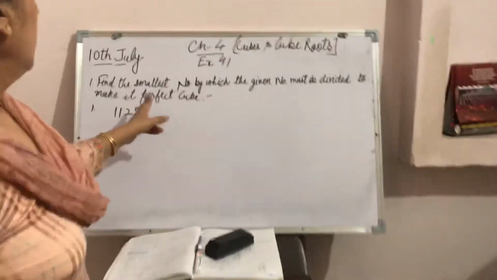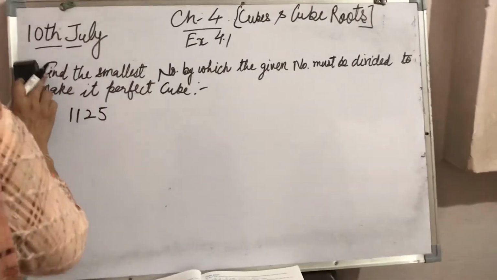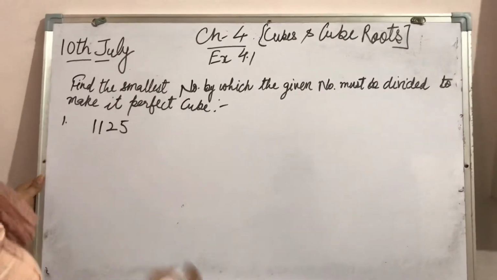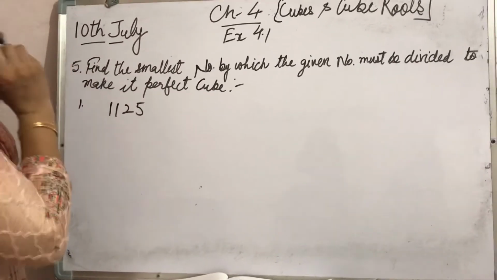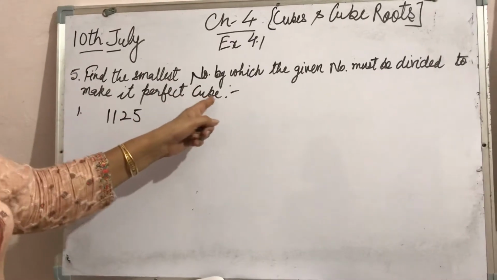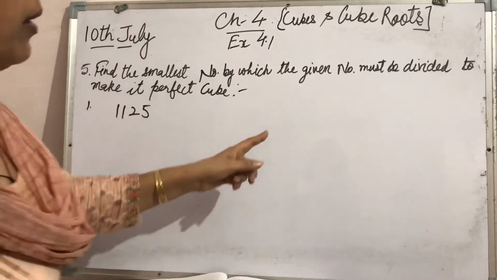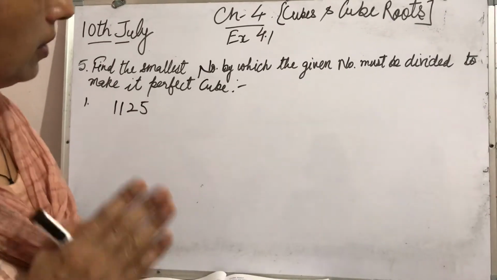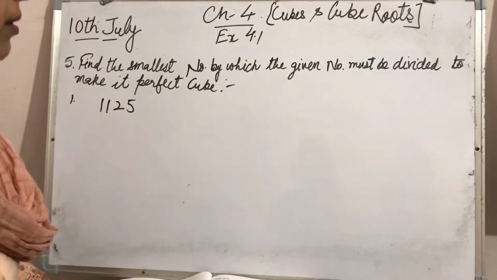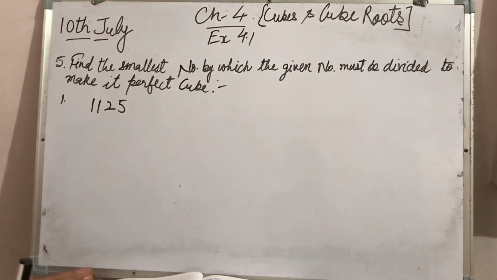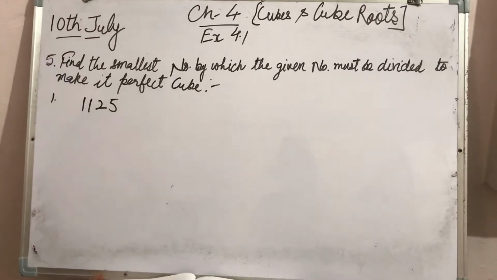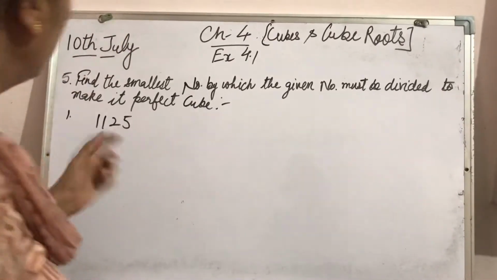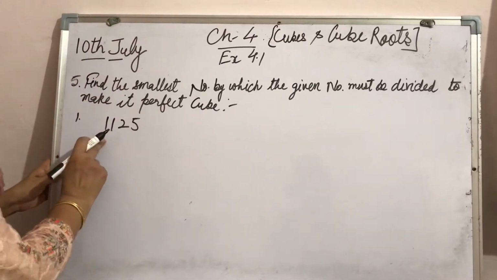Question number 5 of exercise 4.1 we have to start today. Fifth question: find the smallest number by which the given number must be divided to make it a perfect cube. Yesterday we found the number by which the given number is multiplied to make it a perfect cube, so there is a little change between these questions.